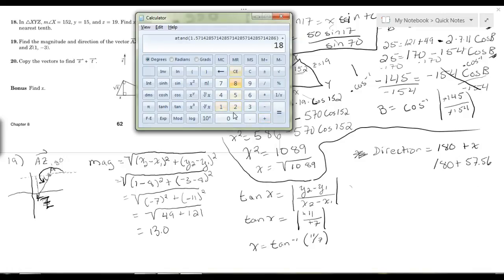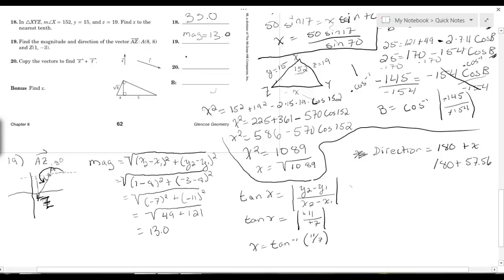Plus 180 equals 237.5. So I'm going to go ahead and write in that answer, 237.5. Whoops, I'm sorry, I just put that into my space for my next problem. So 237.5 degrees is my direction.